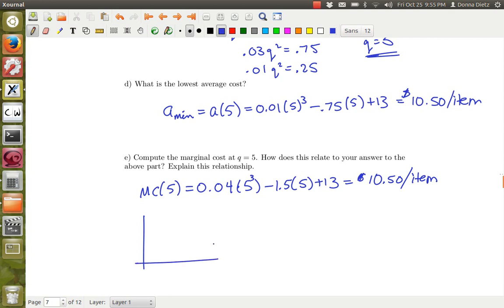And so you have this little graph that you already know about. The shallow parabola, deep parabola, and they cross here. And what happens? So at Q equals 5, this is the average cost being minimized. Marginal cost equals average cost if average cost is minimized.